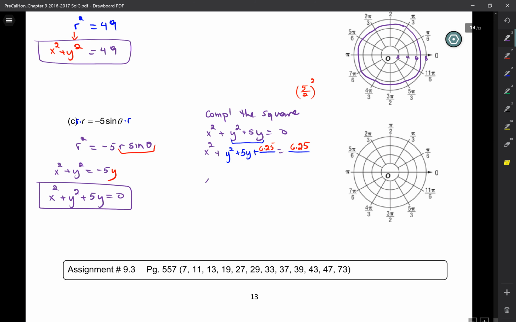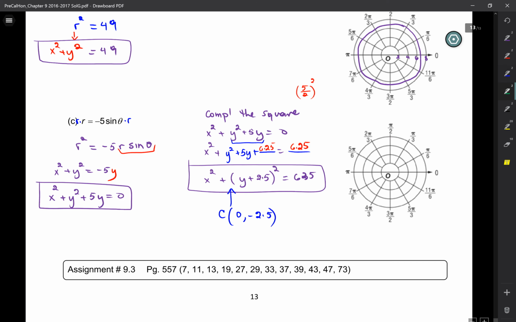So x squared plus, now we factor this, y plus 2.5 squared, right? We take the square root of this, and square it, is equal to 6.25. Now look, the center is 0, negative 2.5. The radius is 2.5. And oh my gosh, I love this stuff.